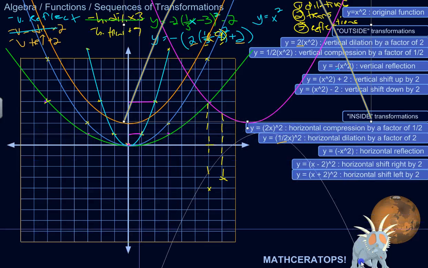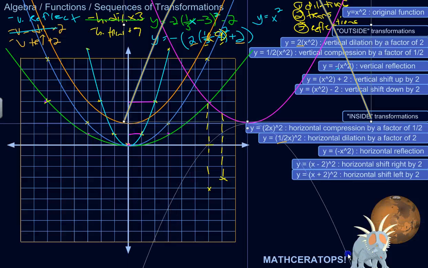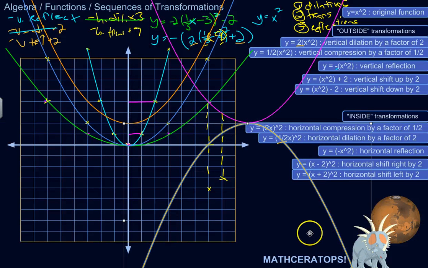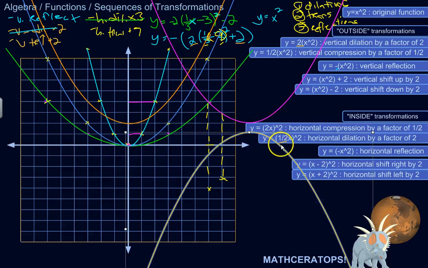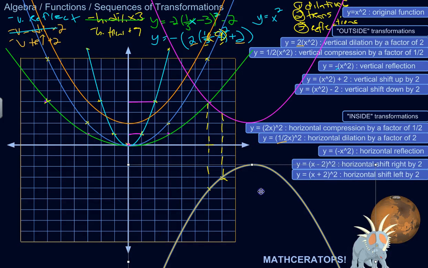Oh yeah, that would be with respect to this line here, but I'm doing it with respect to the x-axis. It would be something like that.